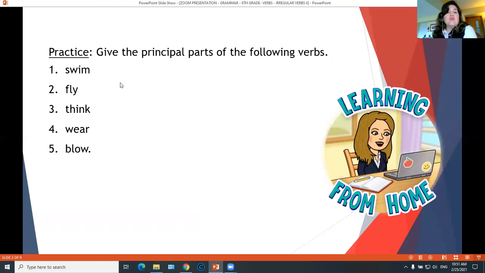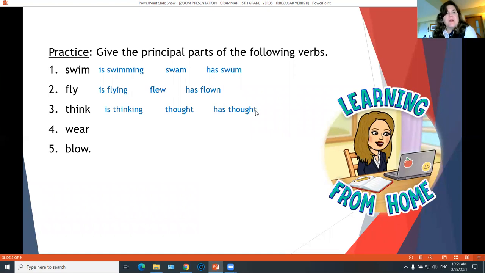Swim is swimming in the present participle, swam in the past, and swum in the past participle. The verb fly is flying in the present participle, flew in the past, and has flown in the past participle. The verb think is thinking in the present participle, thought in the past, and has thought in the past participle.